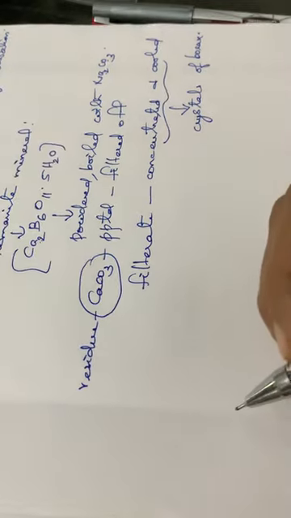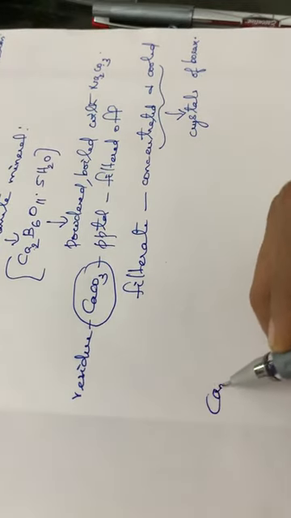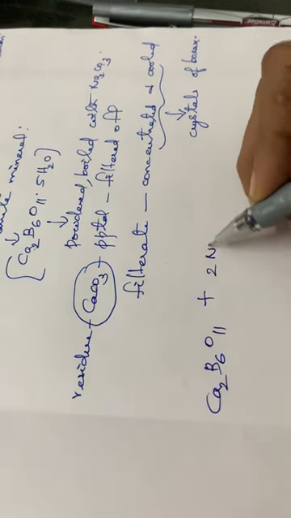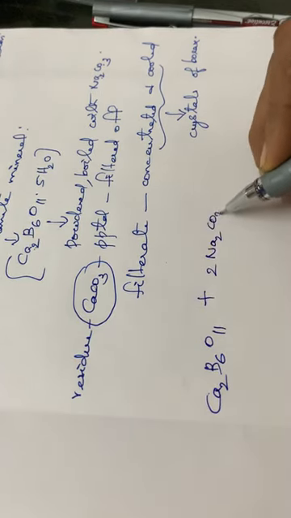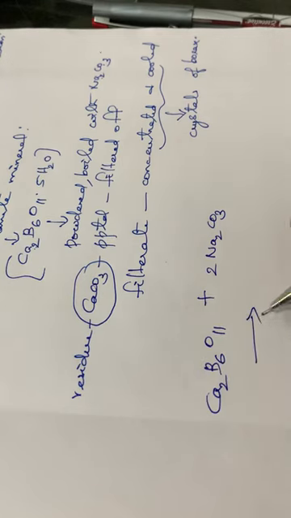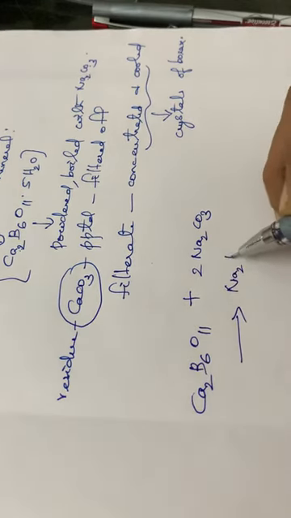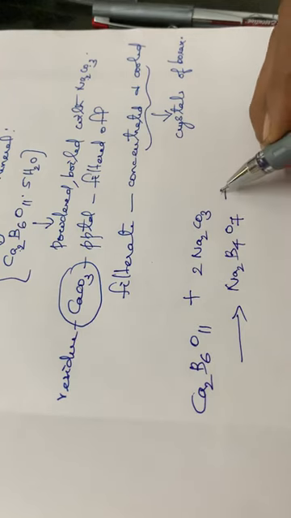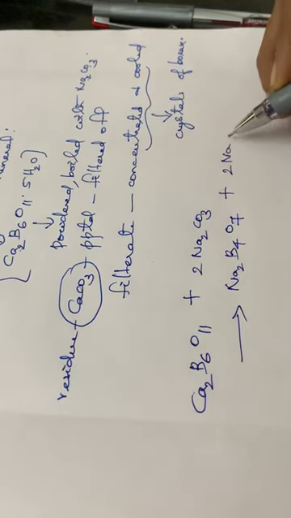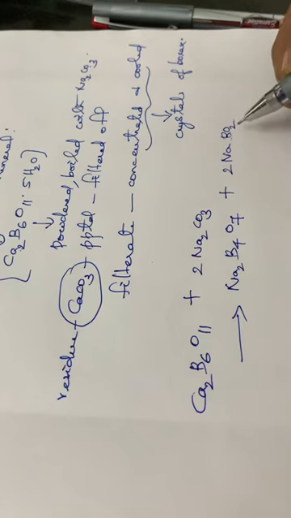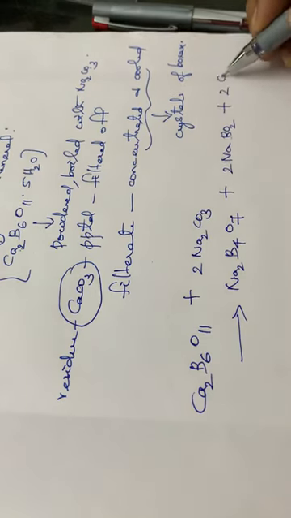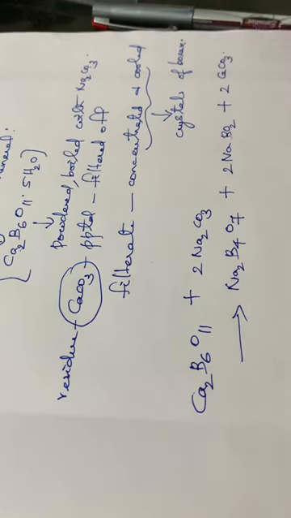Now the equation: Ca2B6O11 plus 2 Na2CO3 gives Na2B4O7, that is the borax, plus 2 NaBO2, sodium metaborate, plus 2 molecules of calcium carbonate.